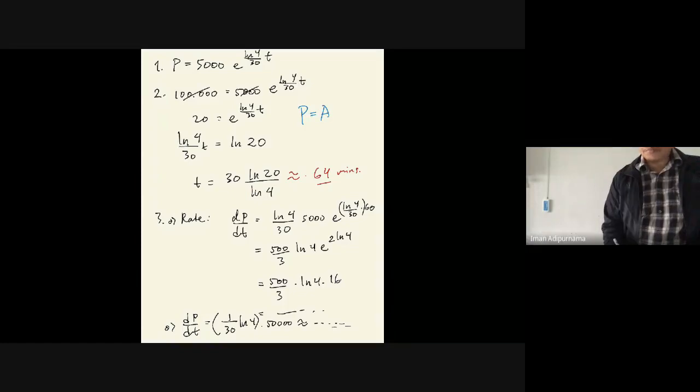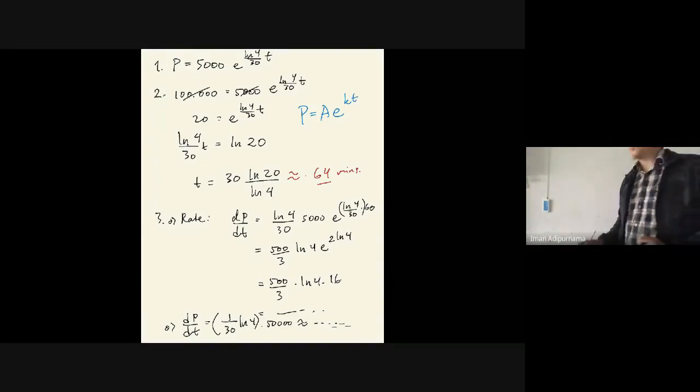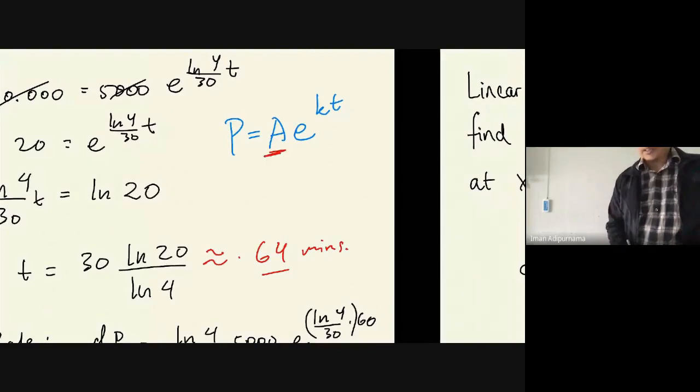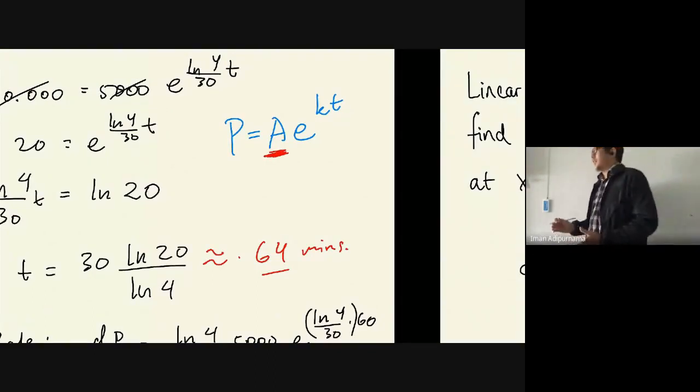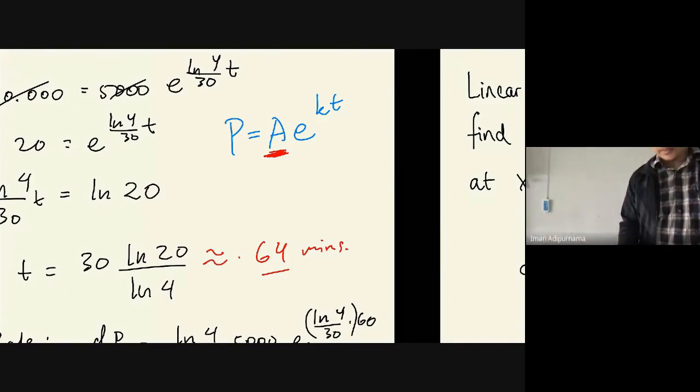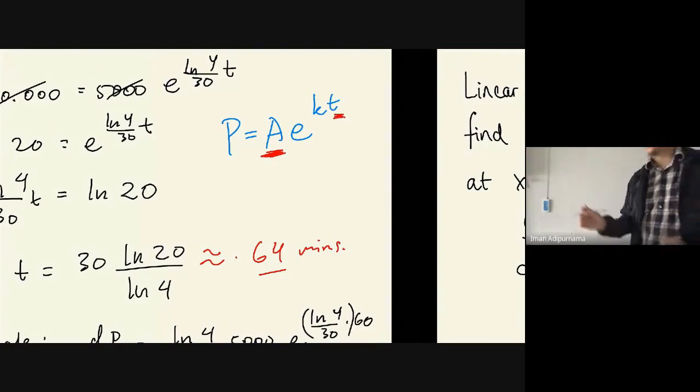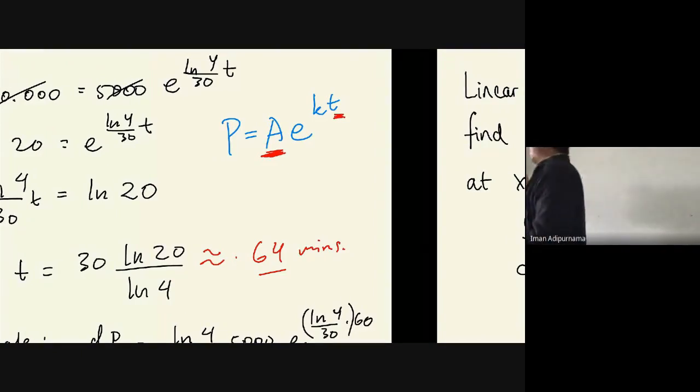So basically, the idea is, this is the basic. P is equal to A, and you multiply with e to the power of kt. This is the constant that you need to find at the very beginning to define your original function of the population. And t depends on the time the function is working on.